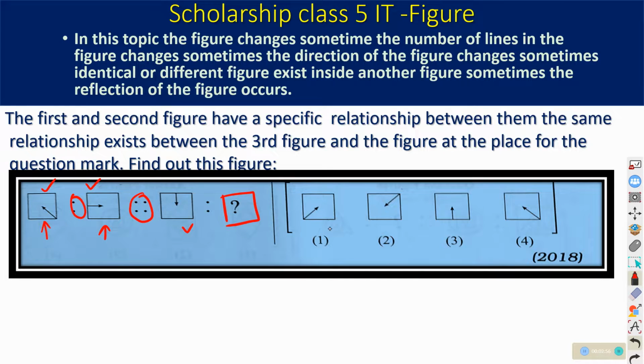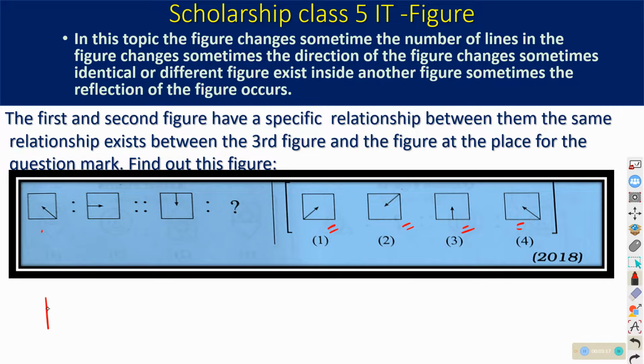And we have to pick out one figure from these which can be the correct figure. So what we have to do is first find out the relationship between the first two figures. Then we can easily find out the relationship between the other two.